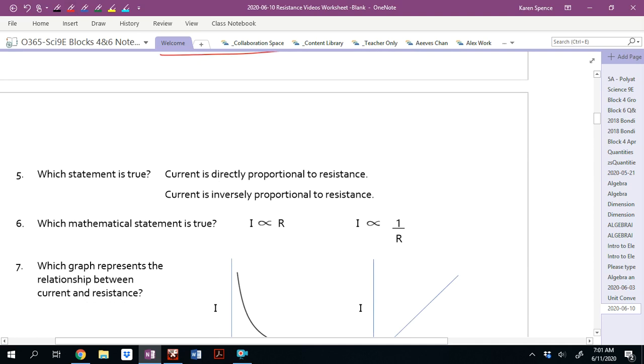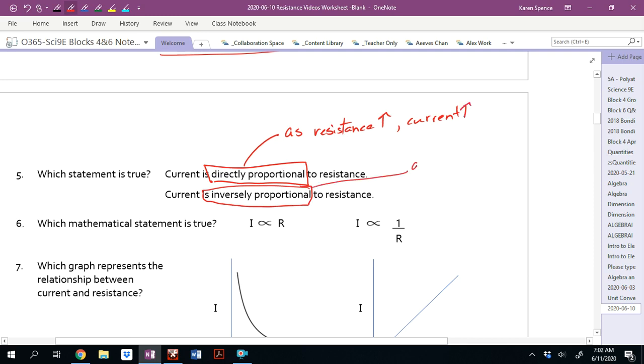Which statement is true? Current is directly proportional to resistance, or current is inversely proportional to resistance? If they're directly proportional, as resistance goes up, the current goes up.